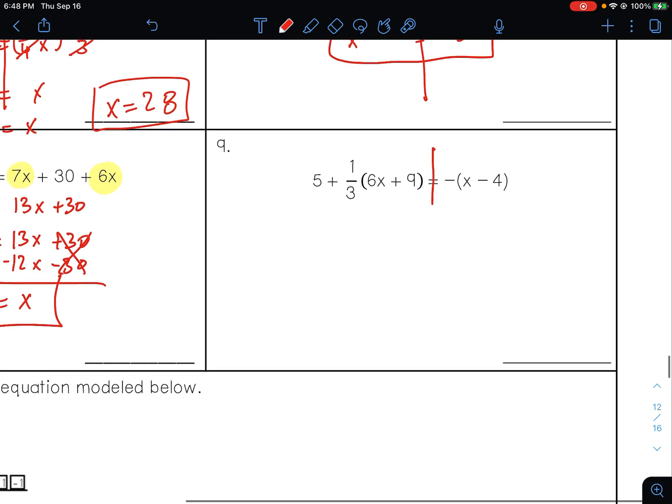Whoa, this gets super complicated. Now I have a fraction, which I hate, but it's okay. Let's start by doing distribution. It looks like we have to do distribution on both sides.